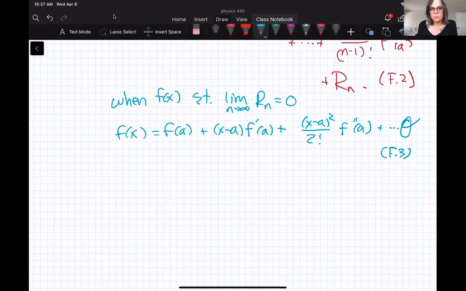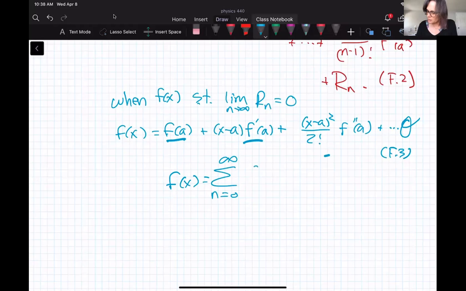Or if we want to write this, going back to what we've been doing the last couple of days, as a series, we have f of x is equal to the infinite sum from n equals 0 to infinity. This is the 0th derivative, first derivative, second derivative term.